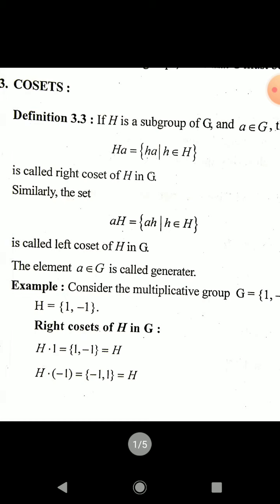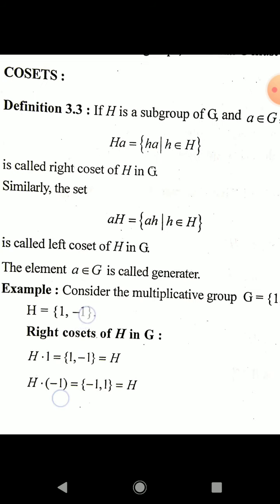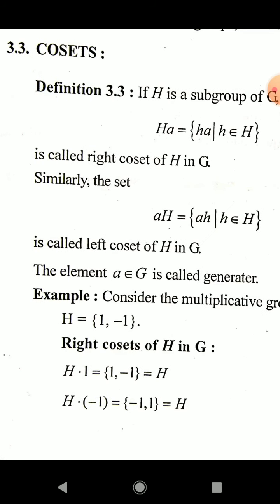Now we have to find the right cosets of H in Z and the left cosets of H in Z. To find the right coset, we have to consider one particular element of the group Z. At first we consider a equals 1. That means 1 is an element of Z, and we multiply every element of H by 1, that is H into 1.